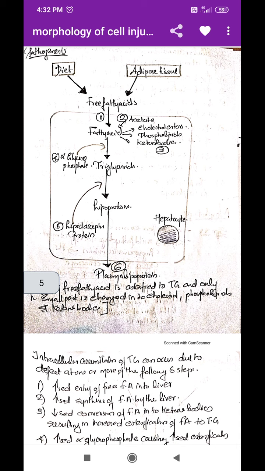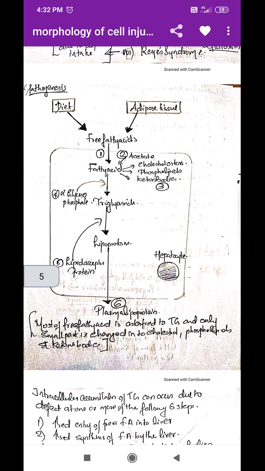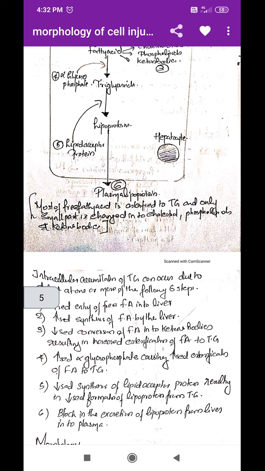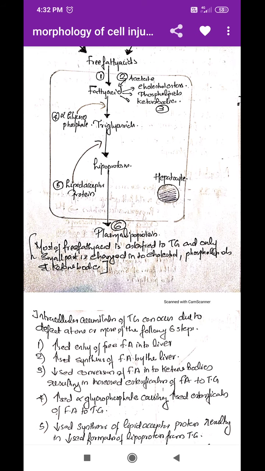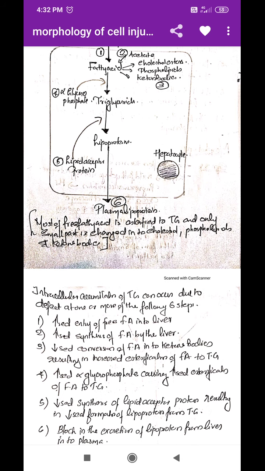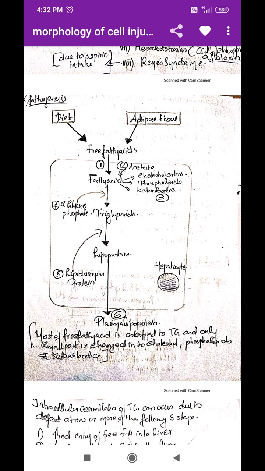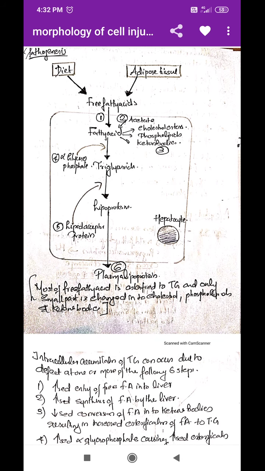Okay, and now for fatty liver there has to be a defect in the following steps. There are six steps here, 1 2 3 4 5 6. Intracellular accumulation of triglycerides can occur due to a defect in one or more of these six steps. The first one: increased entry of free fatty acid from diet or adipose tissue into the liver.